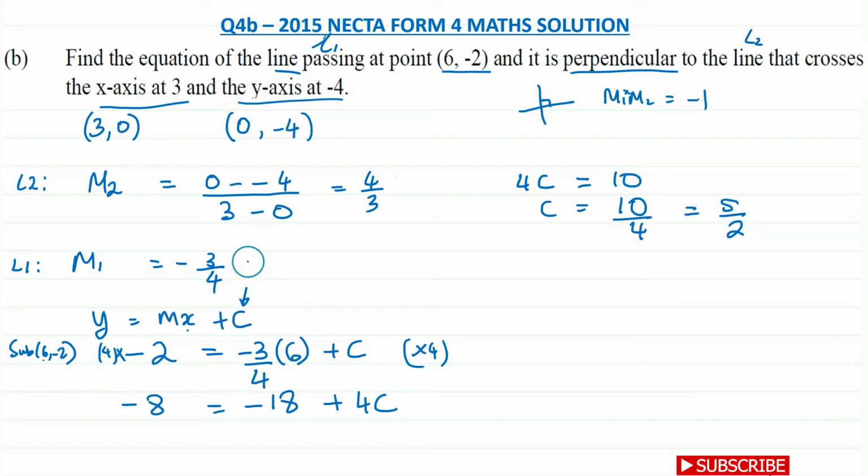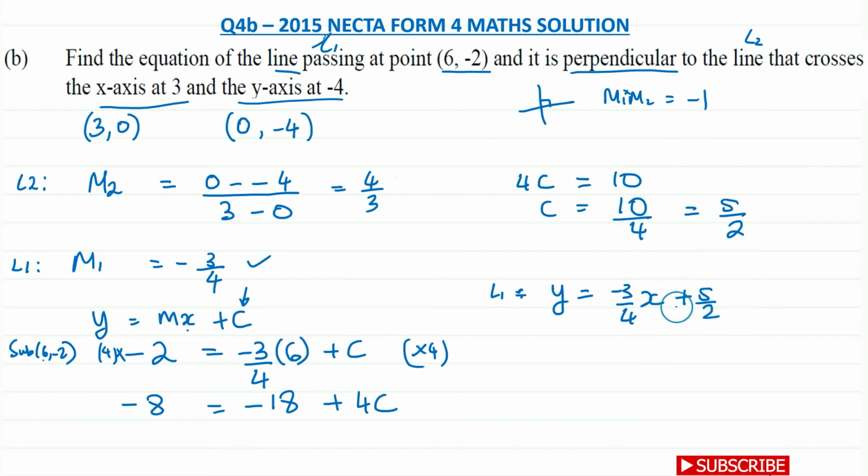So now I have the gradient for line 1 and the y-intercept. I can now write the equation for line 1. So y is equal to -3/4 x, and then the y-intercept is positive 5/2.